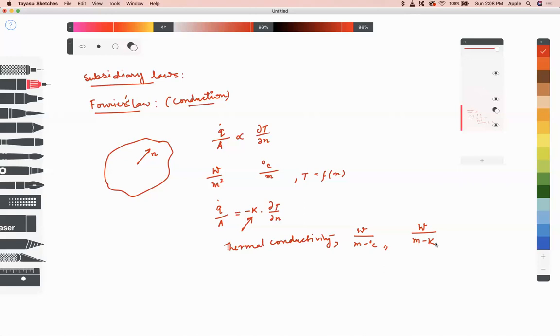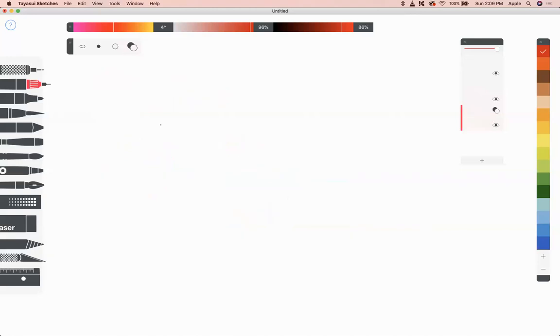Now, the noteworthy point is that there is a negative sign that I have used. And what do you understand by temperature gradient? Let us see that particular part. Let's say we have a block, and let's say it's a furnace wall.